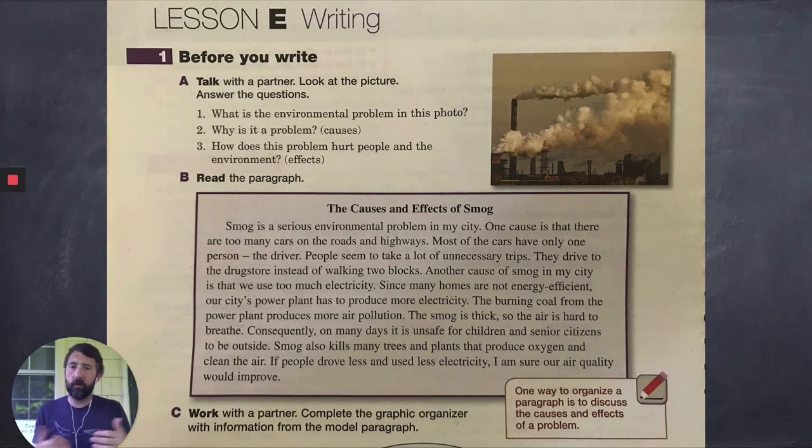Those are causes. The effects are things like bad air quality, changing the climate, also acid rain, potentially, and making it hard for people to breathe. So those are some of the effects.